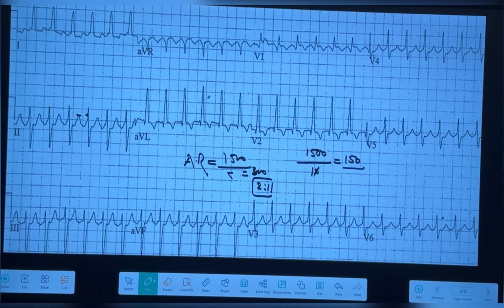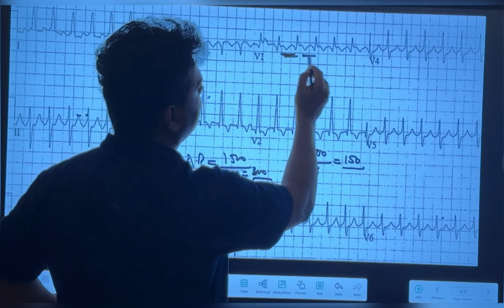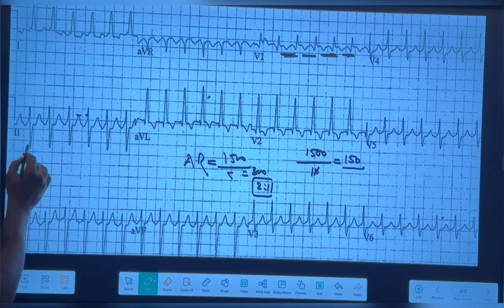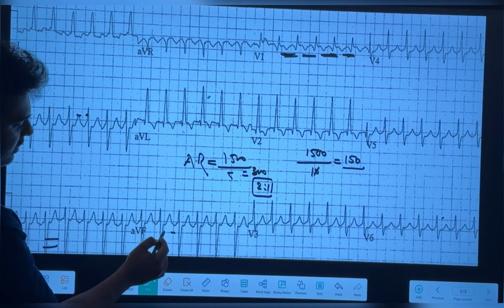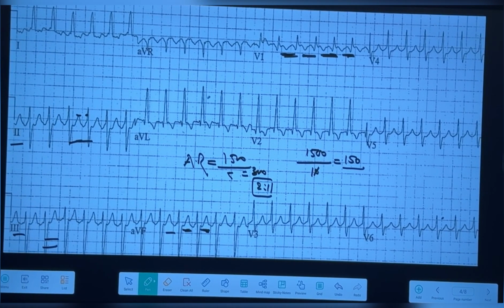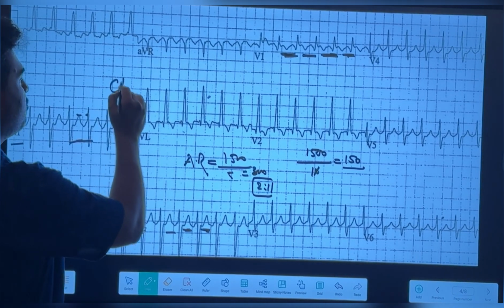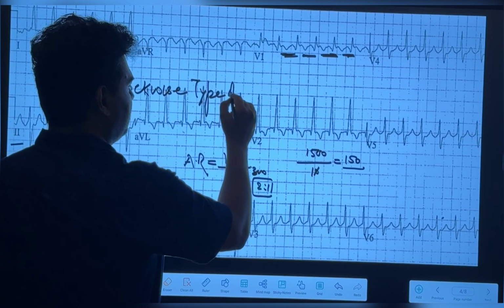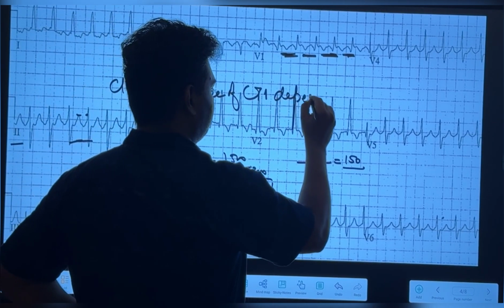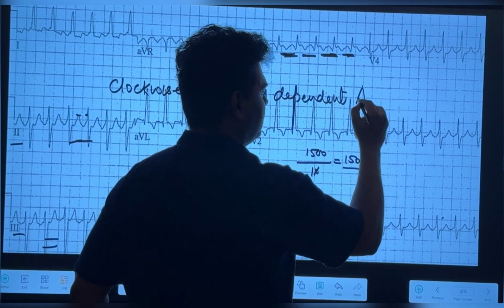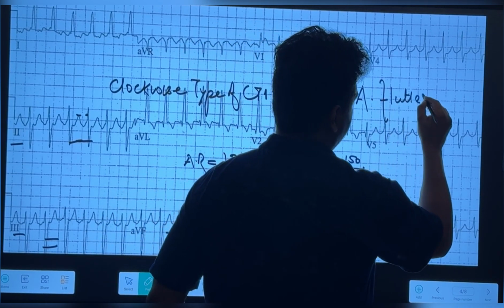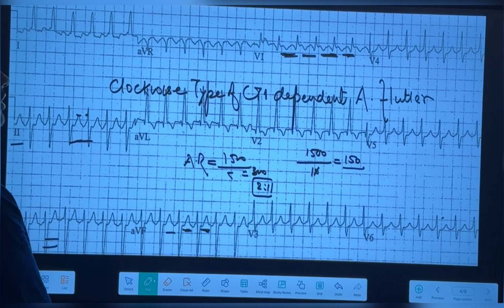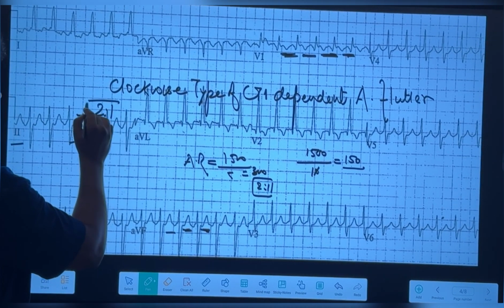If you see the sawtooth pattern, now you are seeing the sawtooth pattern in lead V1, and in 2, 3 and AVF you are seeing erect P waves. So that means now this is a clockwise type of CTI dependent atrial flutter with 2:1 block.